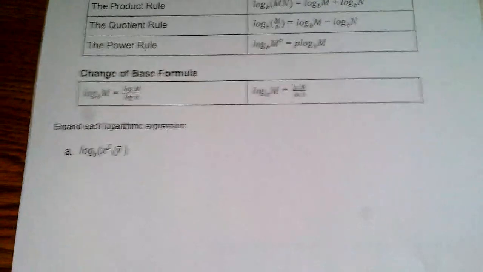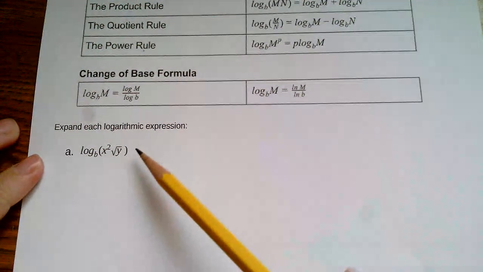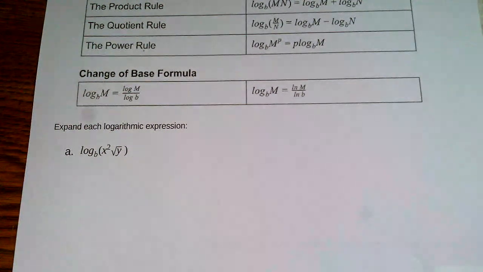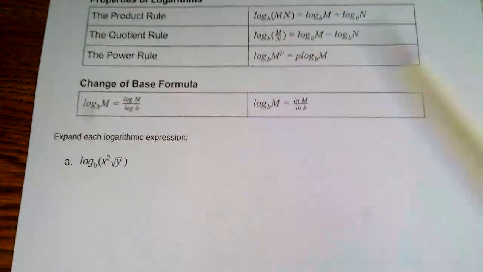So our first type of problem is going to be to expand a logarithmic expression. You need to remember, expand means to make bigger. So we have a single logarithmic expression and we want to expand it to smaller parts that we would be able to evaluate better. The first thing that I always do is look for a pattern.